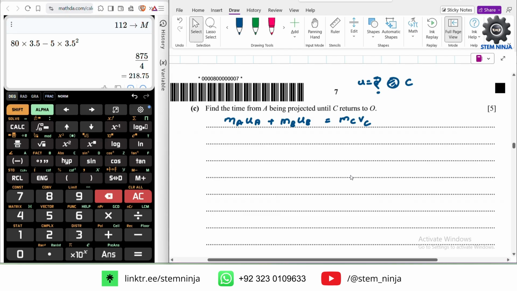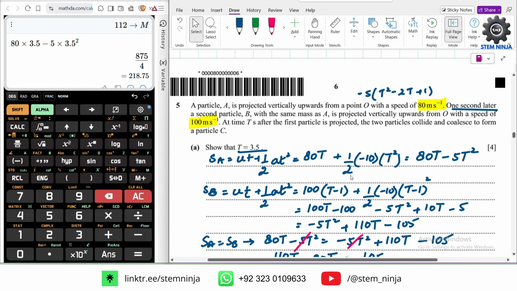Do we know the masses? They are identical. Same masses, and if they're merging together, that will be double the mass.